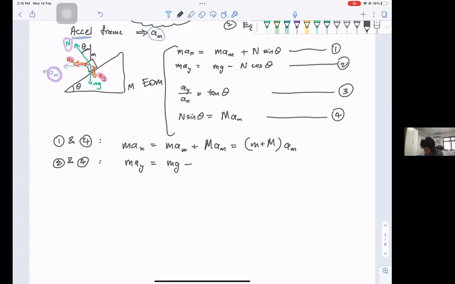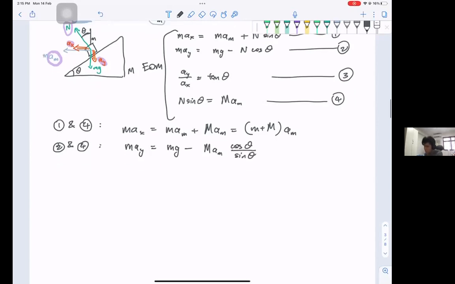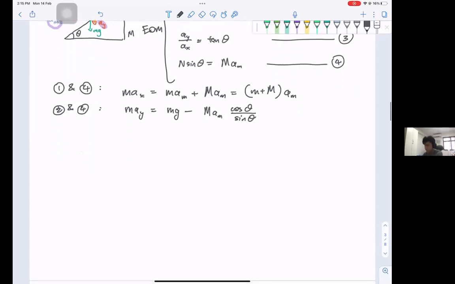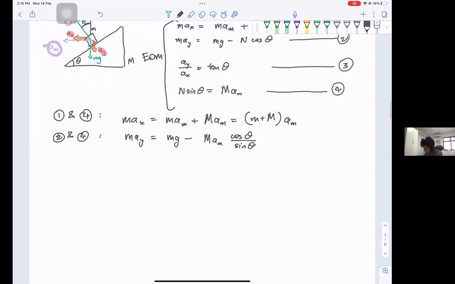Okay, now we can label these equations 5 and 6. And now when you take 6 divided by 5, we can match it up with 3.